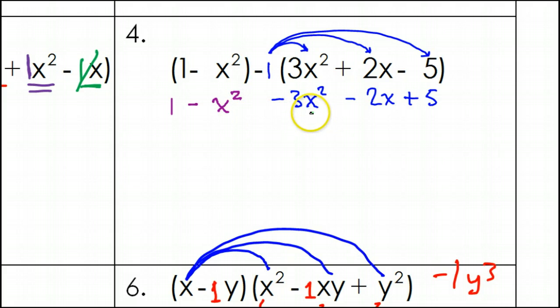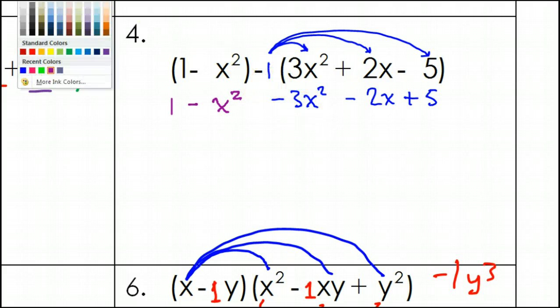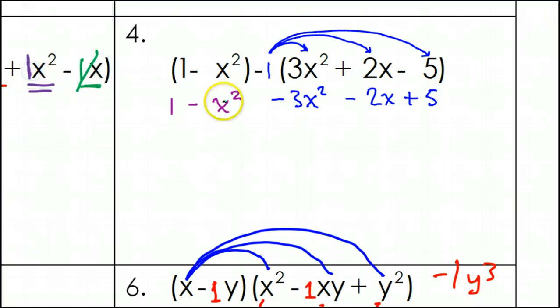So now we look for the like terms. Let's go with the highest power first. We have negative x squared and negative 3x squared. If you put those together, this is like negative 1x squared, so now we have negative 4x squared.